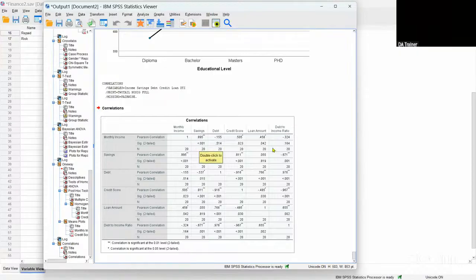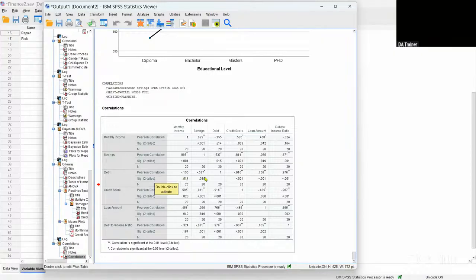And then if you look at savings itself, even with monthly income, they will correlate on the same value. As you can see, savings is the second index here. It will correlate the same value as its counterpart did initially.